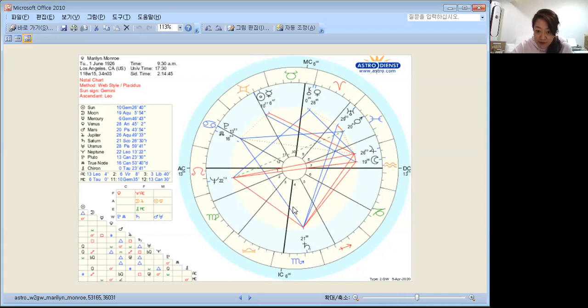Anyway, we have the fourth house for her. It's the Scorpio sign. So immediately we can see that her family life, especially from the mother's side, would have been completely traumatic for her. Scorpio has to do with big transformations, eighth house energy. So her fourth house being in Scorpio means that her family life gave her a lot of big transformations.